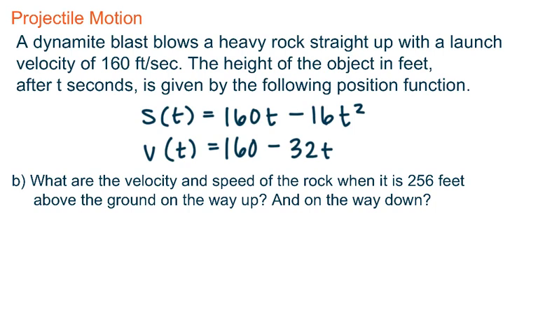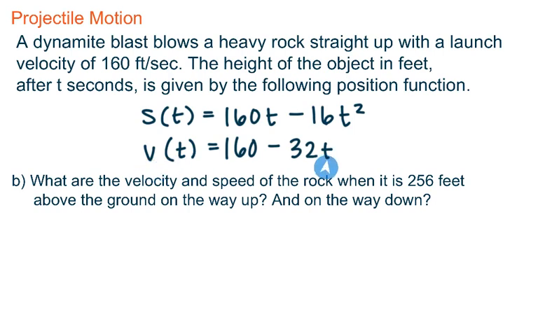Now let's continue with our second part of this question. We have our position. We determined in part A the velocity. At this point, the question says, what are the velocity and speed of the rock when it's 256 feet above the ground on the way up and on the way down? So we need to find velocity, right? So we're looking for velocity.